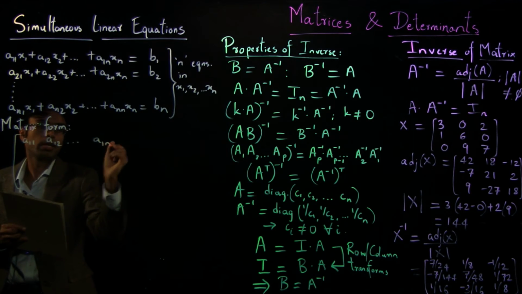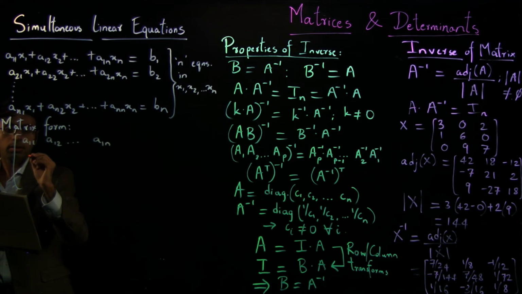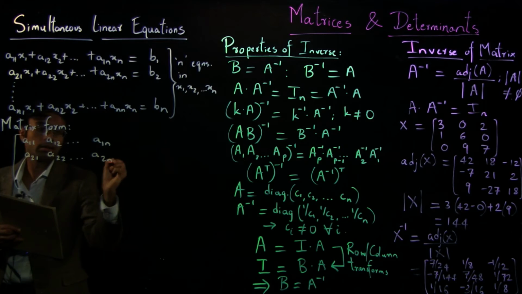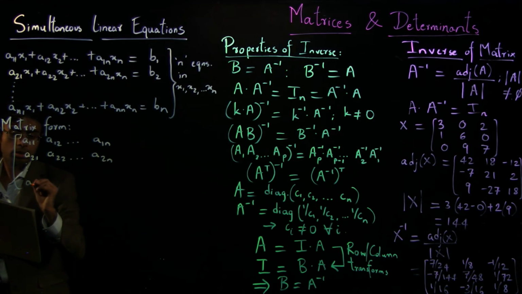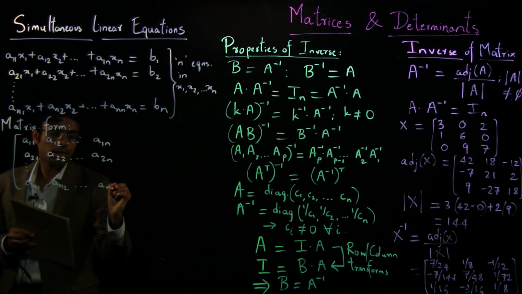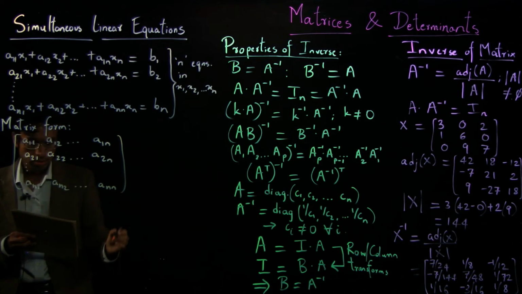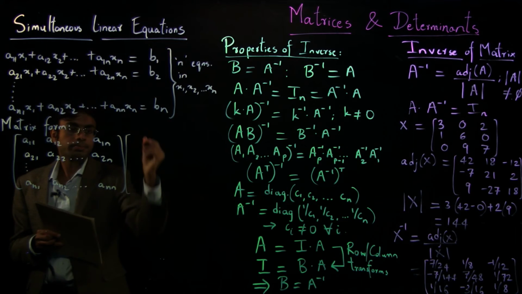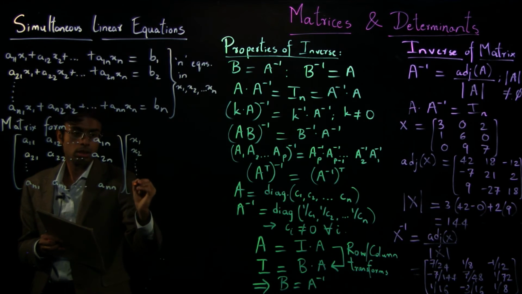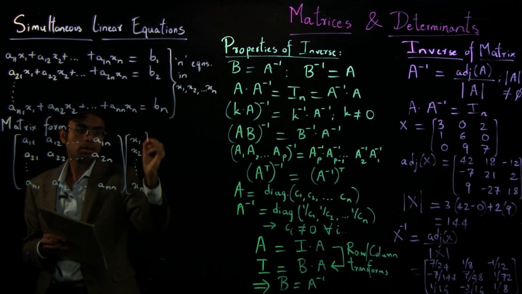The matrix has rows a11 all the way to a1n, a21, a22, up to a2n, and similarly an1, an2, up to ann, times the variables x1, x2, up to xn.